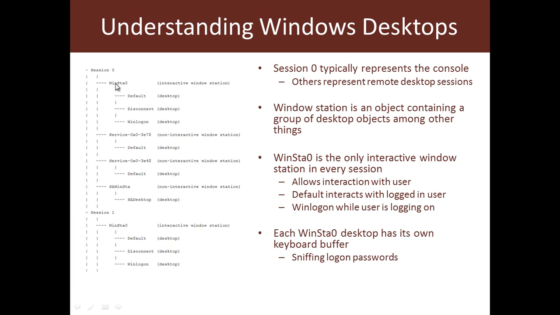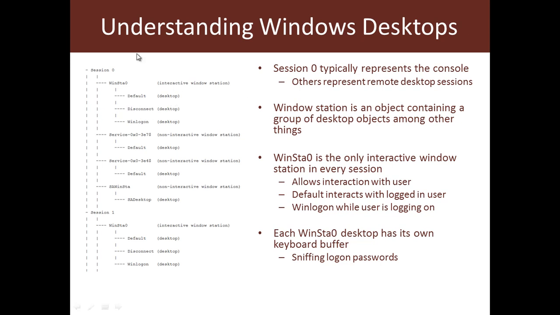Now the second thing we look at here is WinSta0. This is the only interactive window station available within a session. Just by looking at what is under WinSta0, you would be able to figure out what it does. The first is Default, which is the actual desktop. This is where all your programs run, your Internet Explorer and all of that.